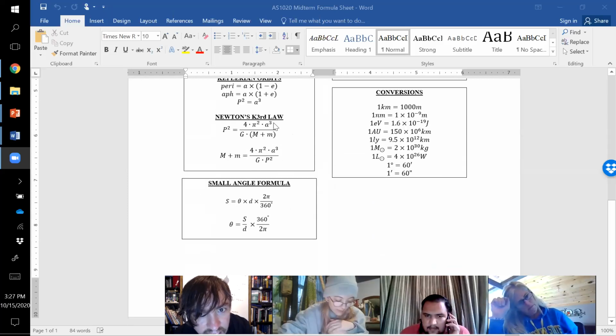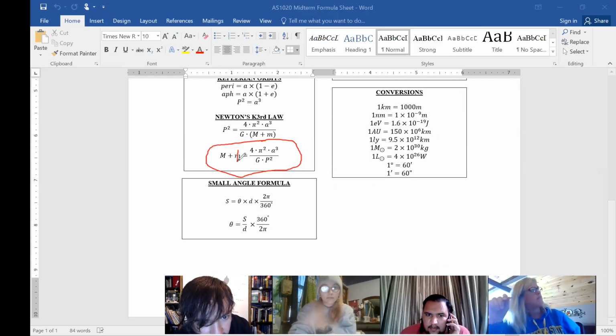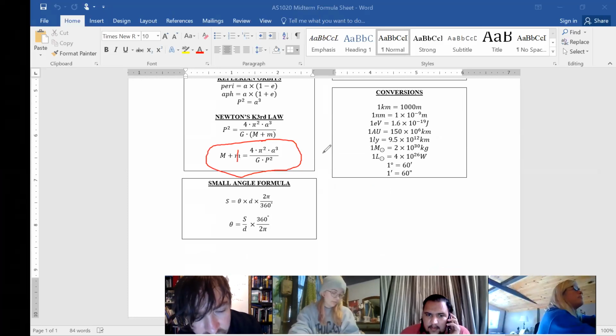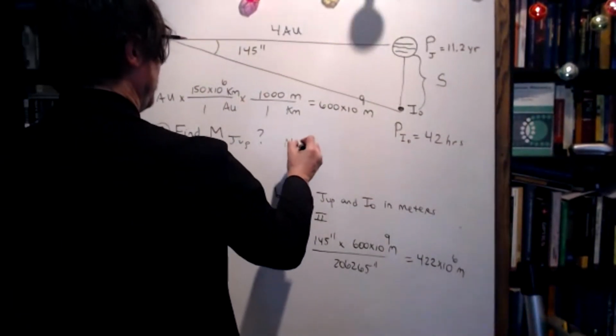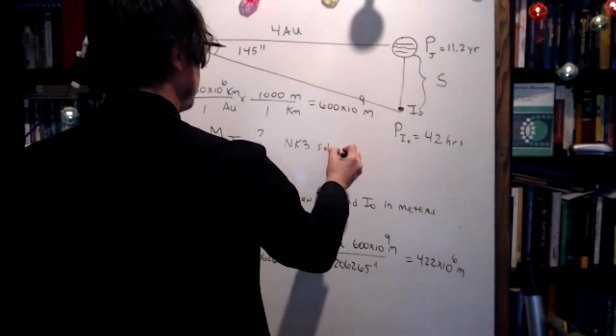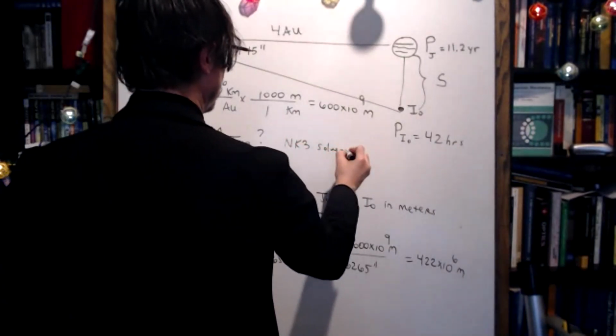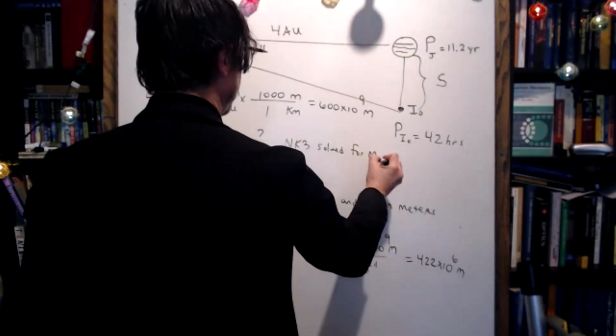Let me tell you, every time you have to solve for mass, it's this one. We're going to neglect the mass of Io as too small and directly solve for the mass of Jupiter. NK3 solved for mass.